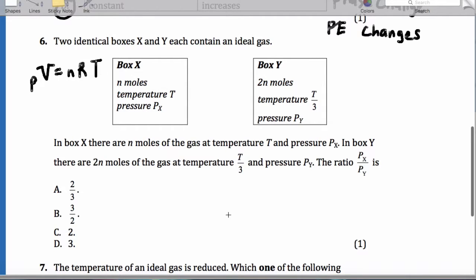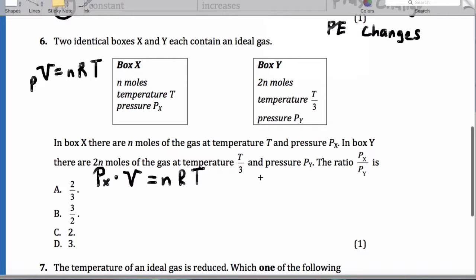So here's the idea. Let's write down an equation for box X, an equation for box Y, and do the math that they ask. So I know that Px times the volume of the box that it's in equals nRT.